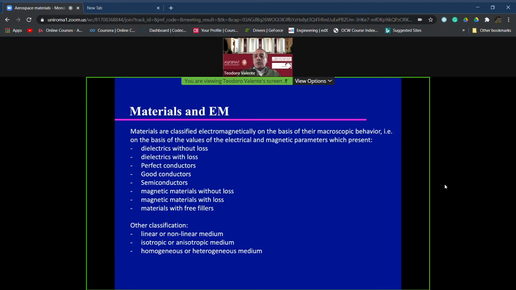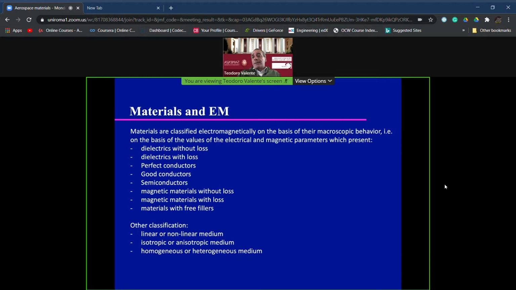On the basis of their macroscopic behavior, materials can be classified by looking at some specific properties, which are not structural properties but properties that describe the interaction with the electromagnetic wave: dielectric materials, with energy loss or without loss, conductors, perfect conductors or good conductors, semiconductors, or materials having magnetic response, again with loss or without loss, apart from some special combinations, materials which can combine different properties.